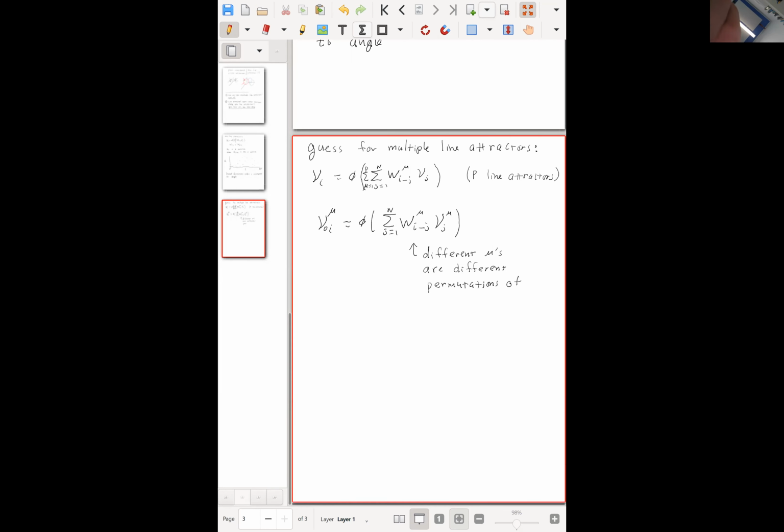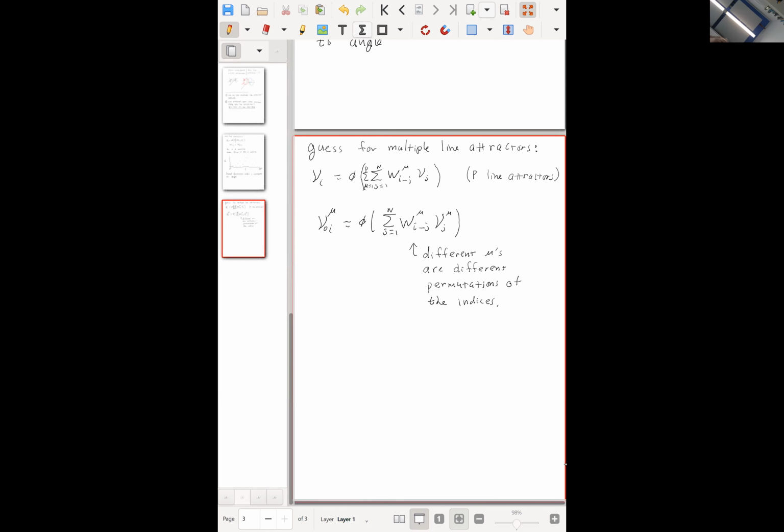Basically they just scramble the line attractor, but it doesn't really matter. As long as you have lots of different weight matrices, each one of which corresponds to a different line attractor, and we'll say the W^mu's are uncorrelated, that's kind of all we need.